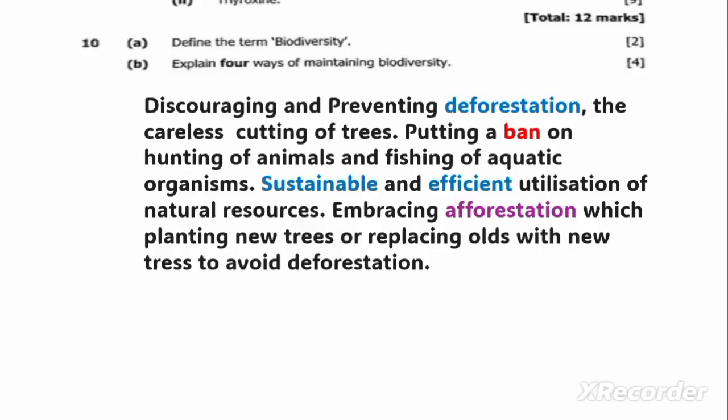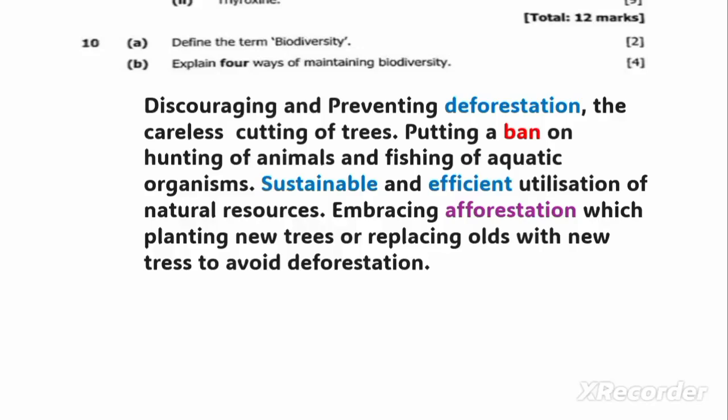These are suggested ways we can use to maintain biodiversity. If we avoid these ways, we may destroy biodiversity.